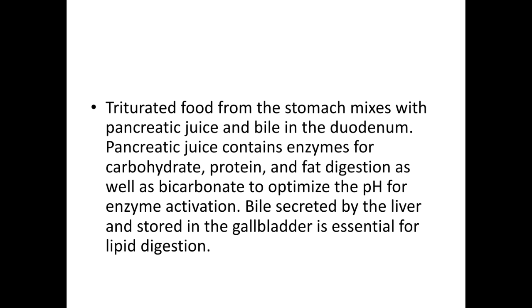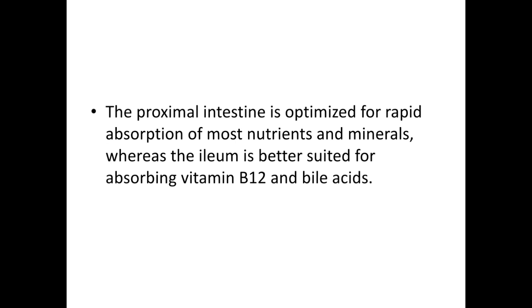Bile, secreted by the liver and stored in the gallbladder, is essential for lipid digestion. The proximal intestine is optimized for rapid absorption of most nutrients and minerals, whereas the ileum is best suited for the absorption of vitamin B12 and bile acids.